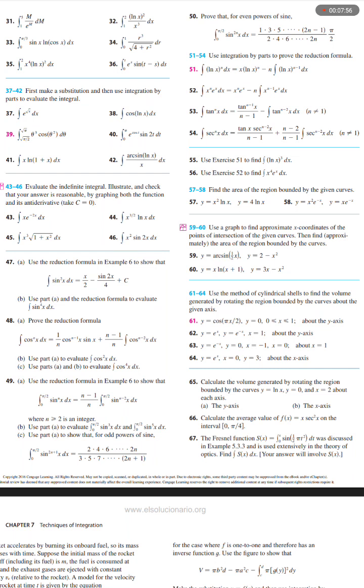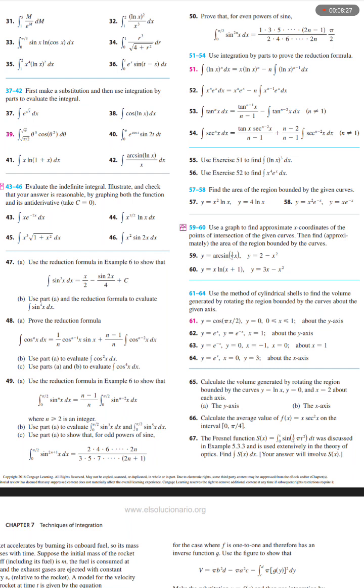The integral from 0 to pi of e to the power cosine t times sine 2t dt. The integral of x times the natural log of 1 plus x dx. The integral of arcsine of the natural log of x over x dx.